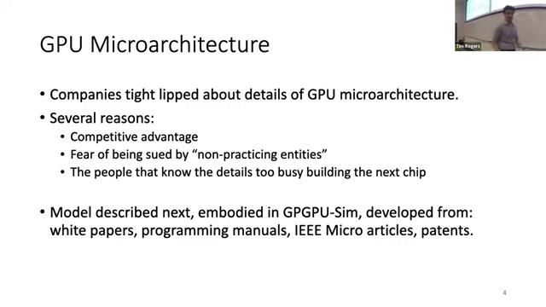We don't know precisely how these machines actually work. We derive it from all of these public sources and then good old fashioned reverse engineering, writing microbenchmarks to figure out what's going on inside the cores themselves, and then potentially modeling it in some type of simulation. My group does a fair amount of this type of work because you kind of need to if you want to do research and have it be relevant.